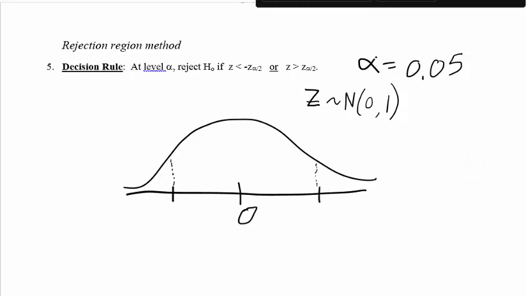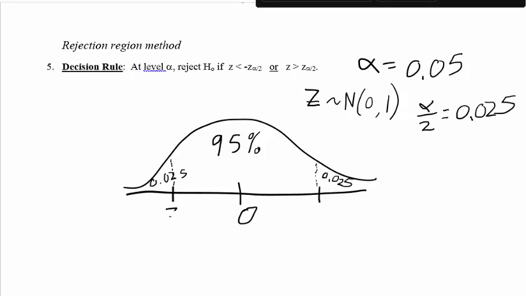Since alpha equals 0.05, our confidence level is 95%. And we have a two-sided test. Alpha on both sides over two sides. So the area or the probability right here, 0.025.